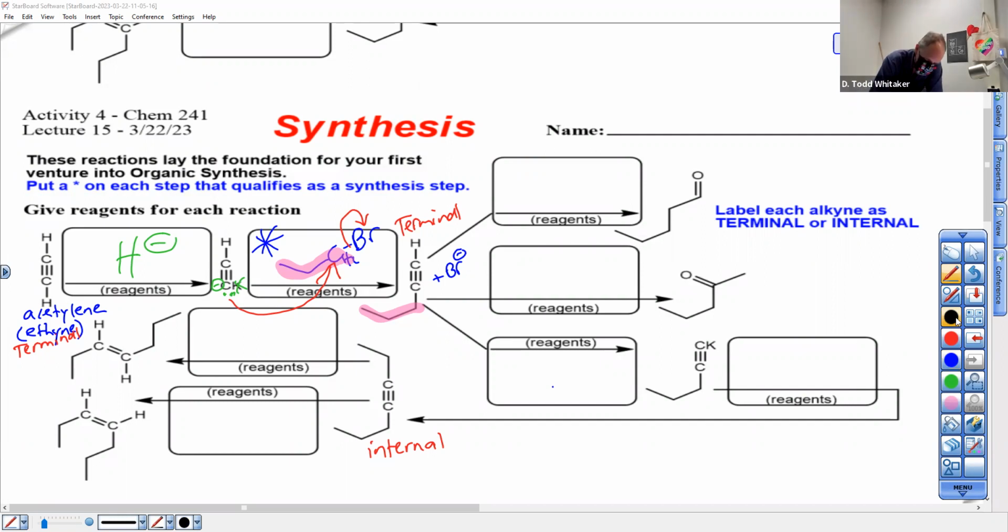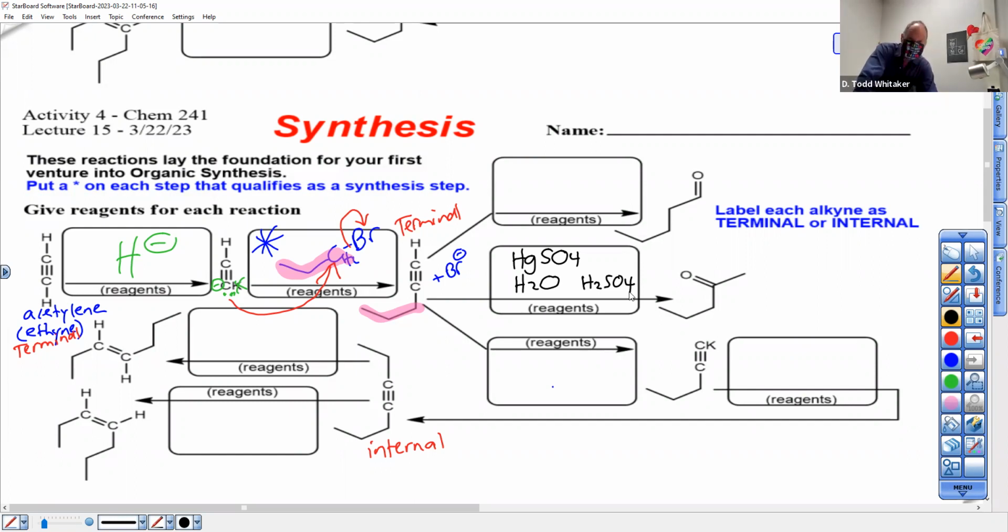Mercury, sulfate. 2 more chemicals, please. The oxygen comes from water. And sulfuric acid gets rid of the mercury. It's called protonolysis. That's how you get a ketone from a terminal alkyne.